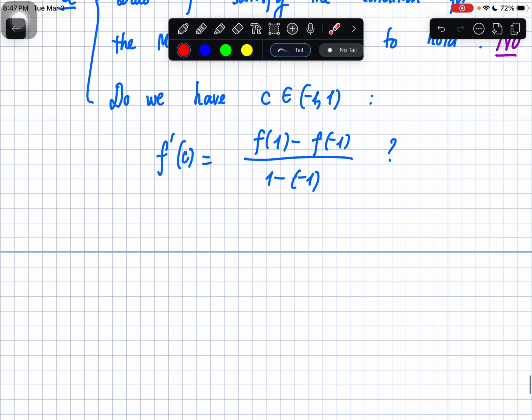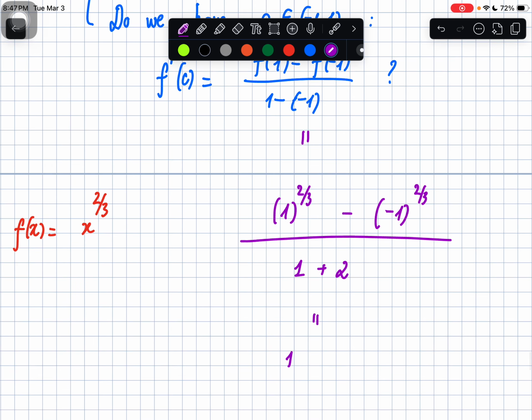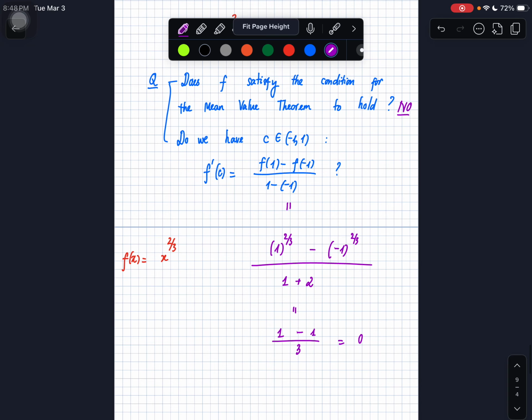So let's see, f equals x to the power 2 over 3, f of 1 equals 1. So 1 to the power 2 over 3 minus (-1) to the power 2 over 3, over 1 minus (-1). So this is 1 minus 1 over 3, which is 0. So the question asks us whether we have c between -1 and 1 so that f prime of c is 0.